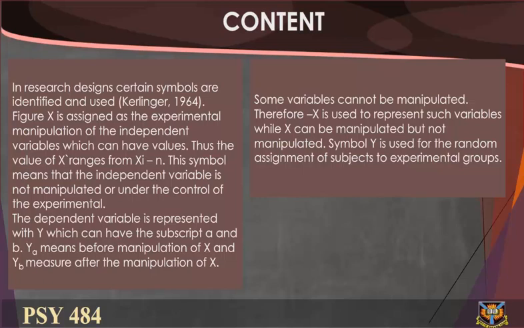This symbol means that the independent variable is not manipulated or under the control of the experimenter. The dependent variable is represented with Y, which can have the subscripts A and B. YA means measured before manipulation of X and YB measured after the manipulation of X. Some variables cannot be manipulated, therefore, a symbol is used to represent such variables. While X can be manipulated but is not manipulated, a symbol is used for the random assignment of subjects to experimental groups.